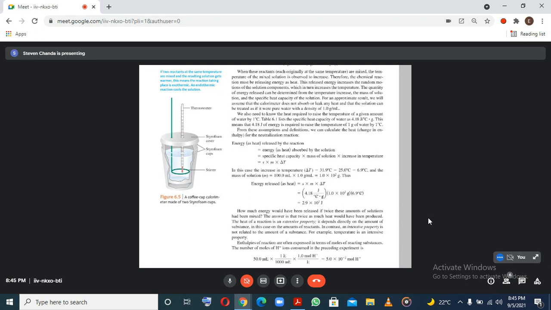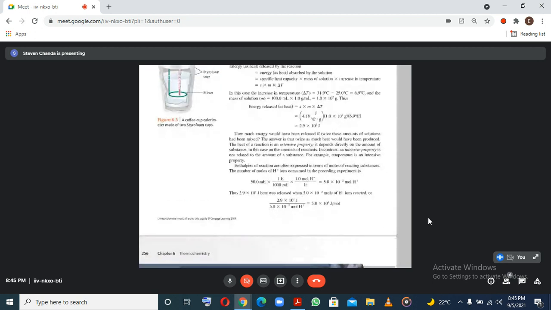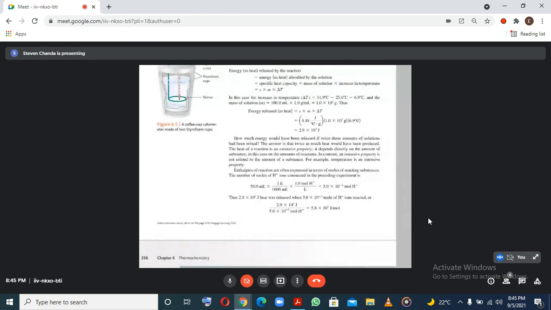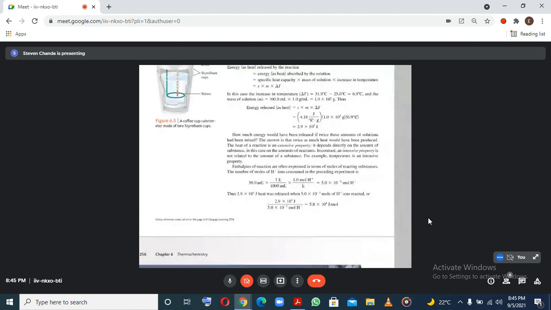Now, what we know about this is that the energy that's going to be released by the reaction is the energy that's going to be absorbed by the solution. Let me repeat that. Remember that this is a cup which is insulated, so we are assuming no heat is leaving this cup.